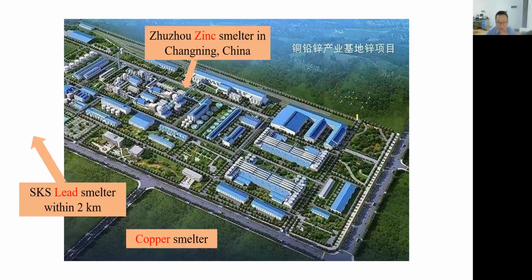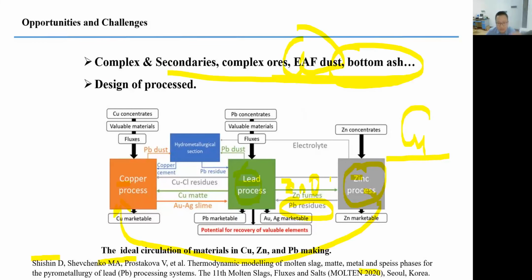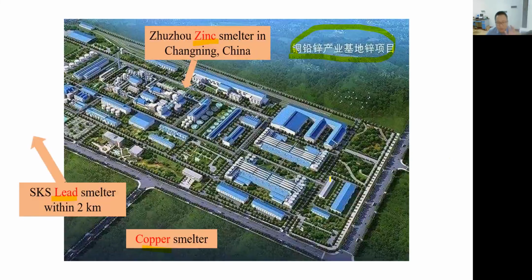And actually, I have posted one picture in my slides. We finished it three weeks ago. Actually, it's about a smelter very close to our campus, around a three-hour drive. So these are three smelters: zinc, copper, and lead. As we mentioned in the previous one, copper, lead, and zinc should be well designed, and this is all in one small district. So this is the zinc smelter, and the picture is taken somewhere here.